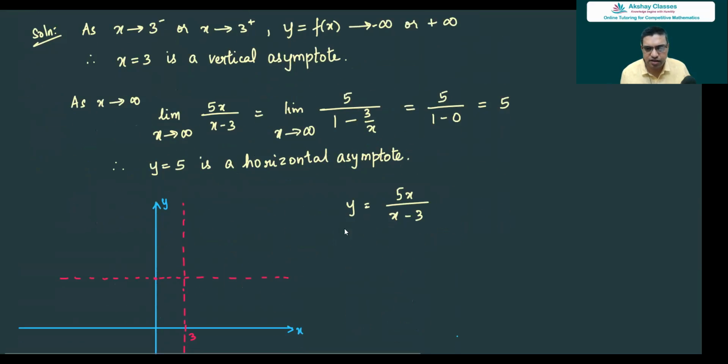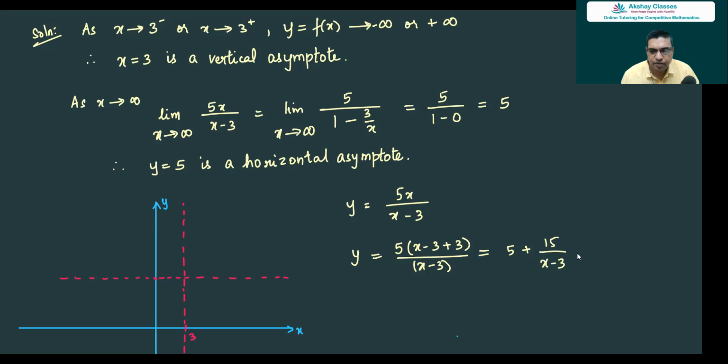Now what I'll do, I will subtract and add this 3. So when I divide, I'll take x minus 3 as one factor. So I'll get 5 plus 15 upon x minus 3.